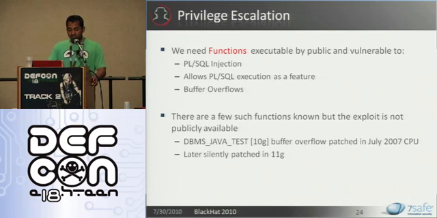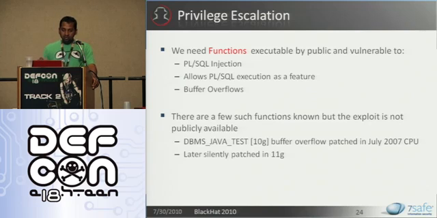So for exploiting SQL injections, we are typically looking for vulnerable functions. Any function which has a vulnerability can typically be used via SQL injection. So we are looking for functions which are executable by public and are vulnerable to either PL/SQL injection or allow PL/SQL execution as a feature.